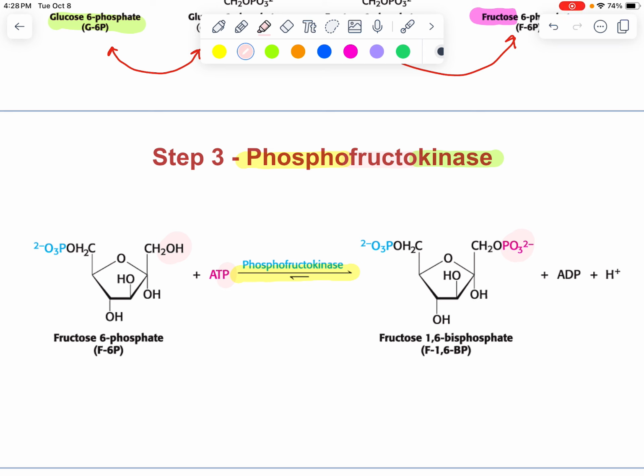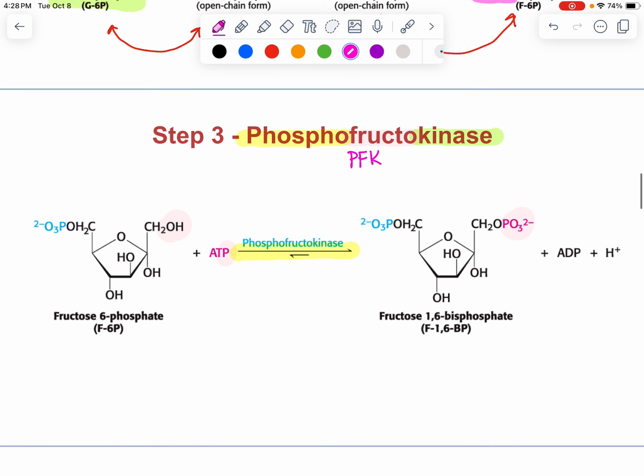This is an important regulatory enzyme. In fact, this is the main regulatory enzyme. It's allosterically controlled, and this is kind of the regulation piece of our glycolysis step.